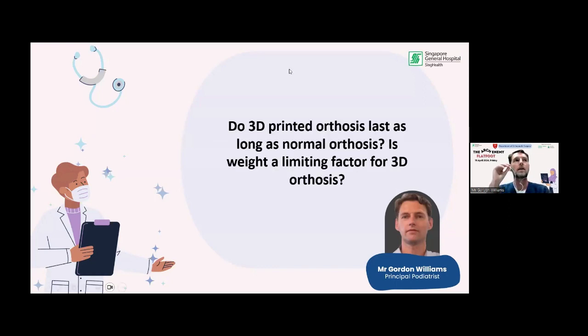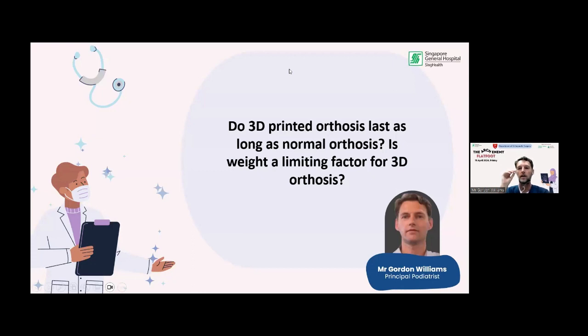All right, and then just our final one is, do 3D printed orthotics last as long as normal orthotics? And is weight a limiting factor for 3D printed orthotics? So yes, they can last as long as a standard orthotic. The actual shell that they're made out of, a nylon shell, if you make that thicker, it's going to last longer. It's going to be stronger.